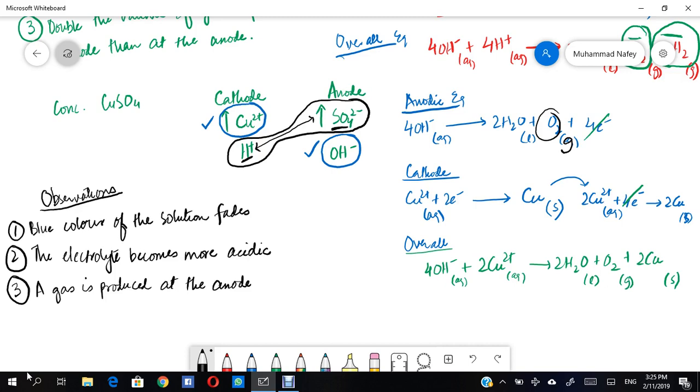Since it's oxygen gas, we know the test for oxygen is that you bring a glowing splint near the end of a test tube suspected of containing oxygen. And if the gas is oxygen, the glowing splint will be rekindled. So a gas is produced at the anode which relights a glowing splint.